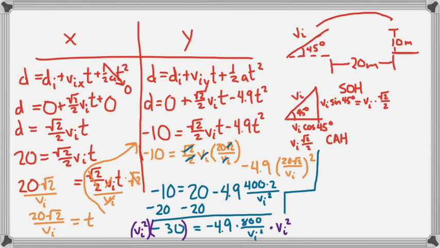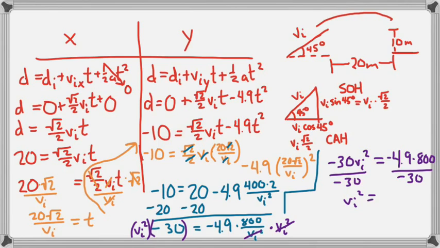And let's remember that we're multiplying here. So these terms divide out. And now I have negative 30 times v sub I squared equals negative 4.9 times 800. And now I can just divide by negative 30. All right. And I get a value for v sub I squared.